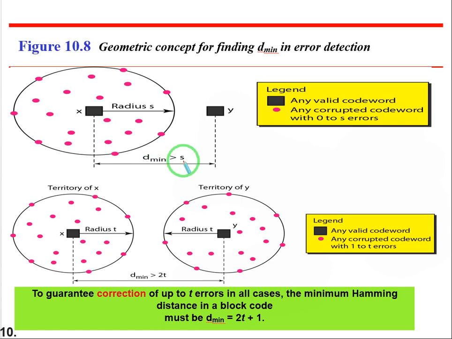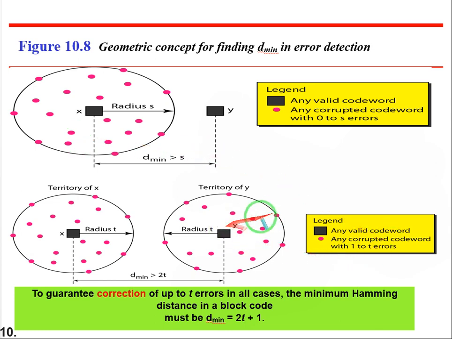That's why d minimum is always greater than s. In the legend, the black dot shows any valid code word, and the other dot shows any corrupted code word with 0 to s errors. This corrupted code word needs to be corrected and then used.